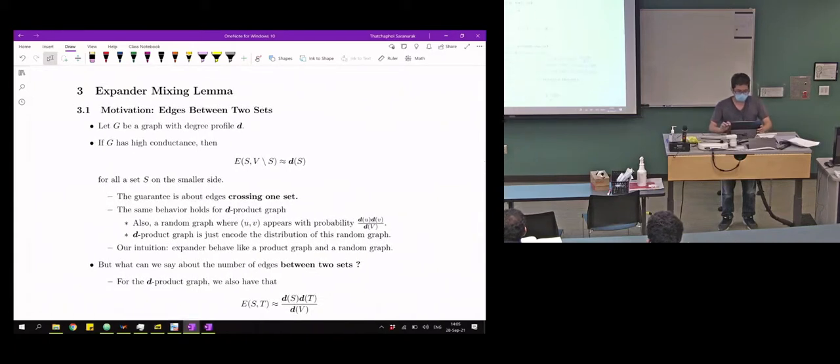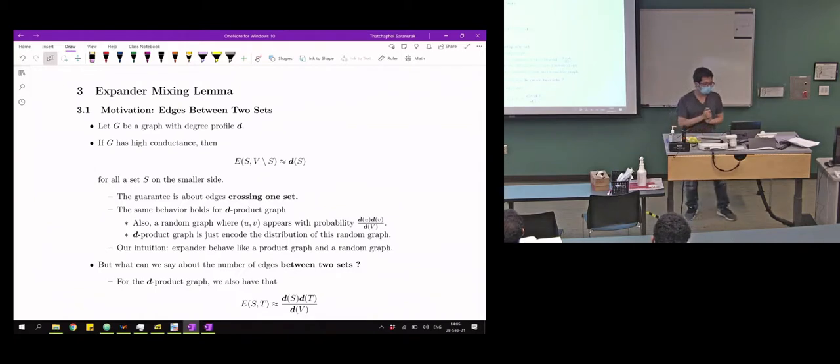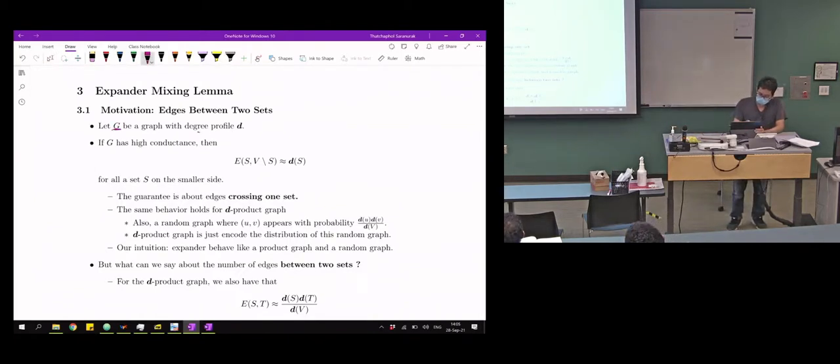Now, new topic, expander mixing lemma. Let me tell you some motivation for why we talk about this. Let's look at some graph G with degree profile D. Suppose that G has high conductance.